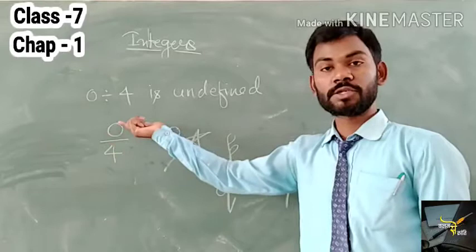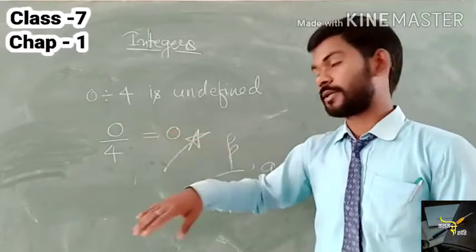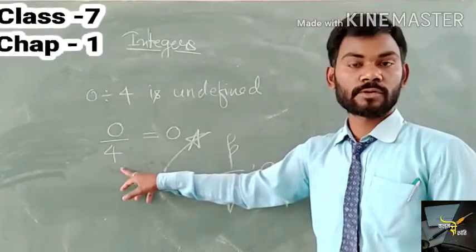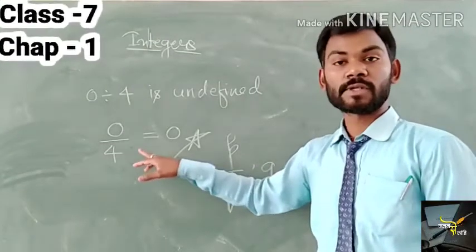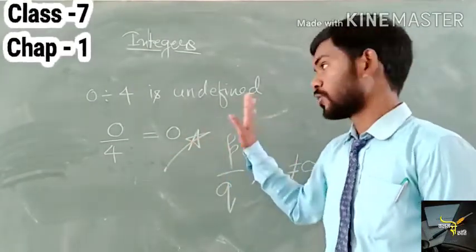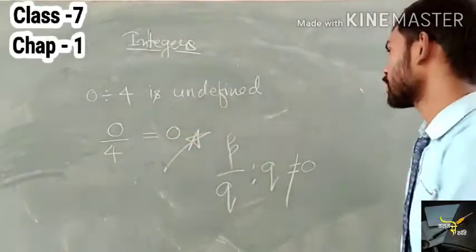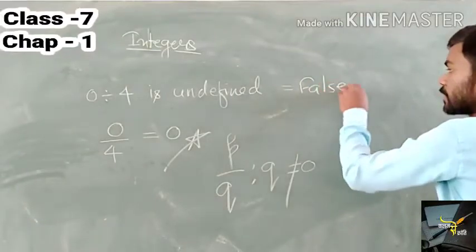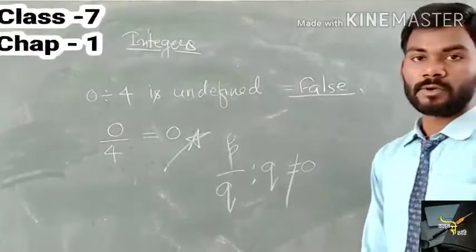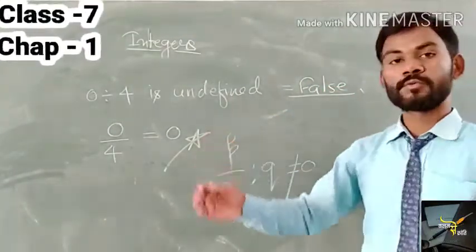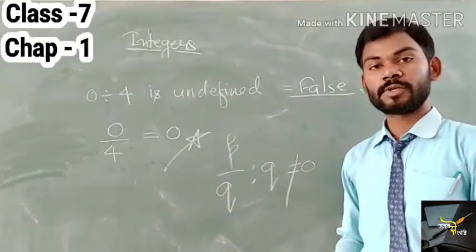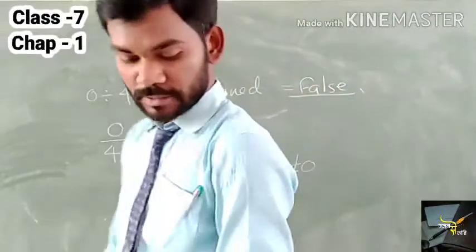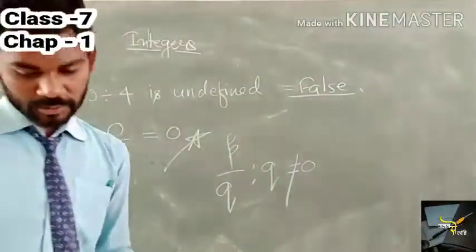Whether the numerator is 0 or non-zero doesn't matter, but the denominator should not be equal to 0, and in this case the division is always defined, so this statement is false. Okay, so in this way you will solve the questions given in your book easily. Now let us see the next question.